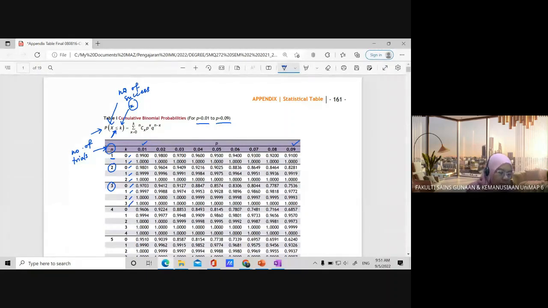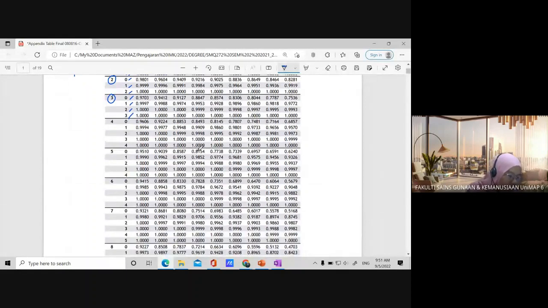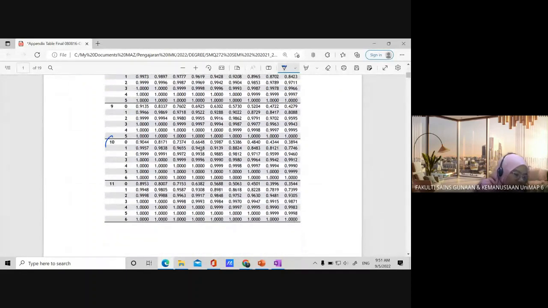So let's say we are talking about 10 trials. You can say from 0 success until 10th. But in this case, it stopped at 6. Why? Because everything gave already 1. Should be followed by 7, 8, 9.